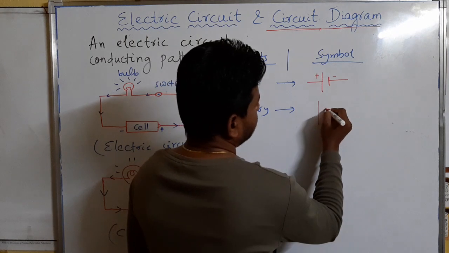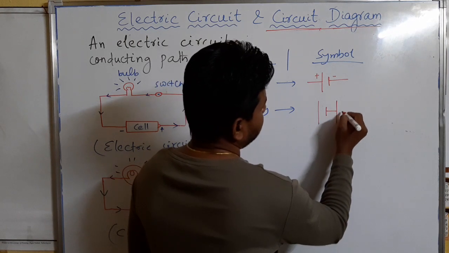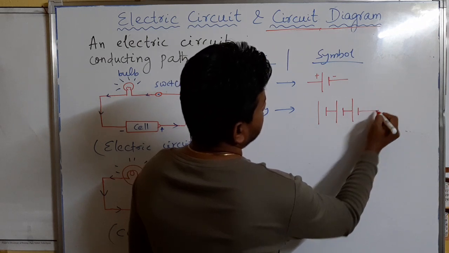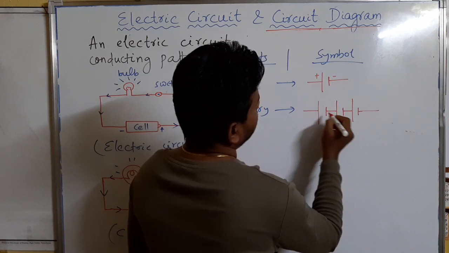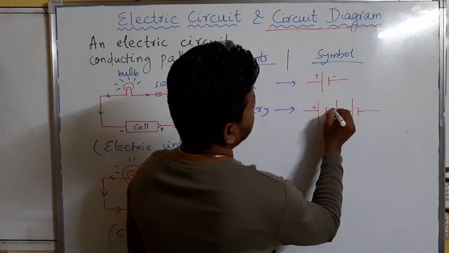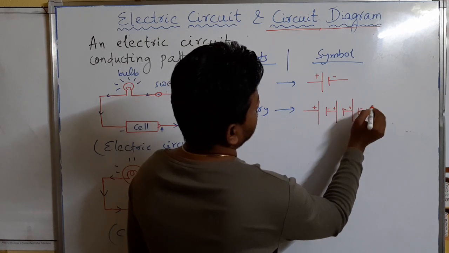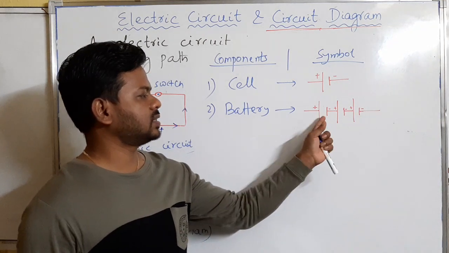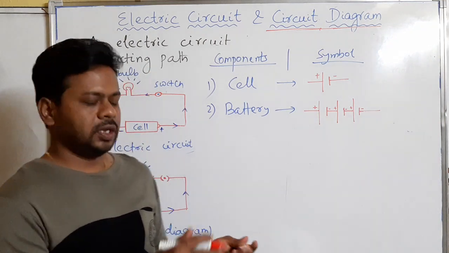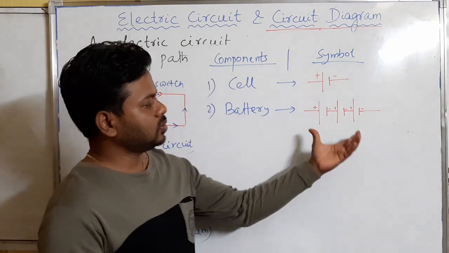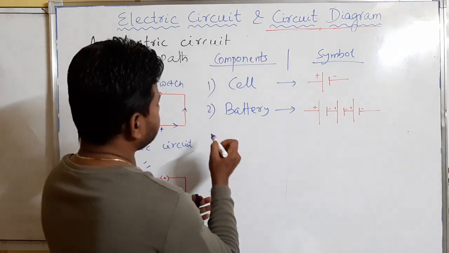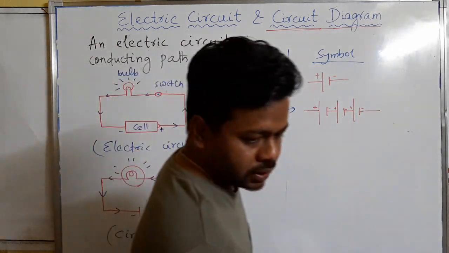It means one cell when combined with two or more cells can be called a battery. So here this battery consists of three cells, 1, 2, 3. Many more cells can be combined to form a battery.